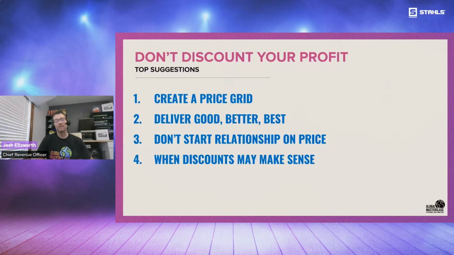The other thing I would like to say, and I really believe this, is delivering pricing in good, better, best. And so when I talk about delivering pricing in good, better, best, there's a few different ways you can do this. But what you'll notice here is there are 3 choices and no more than 3 choices.